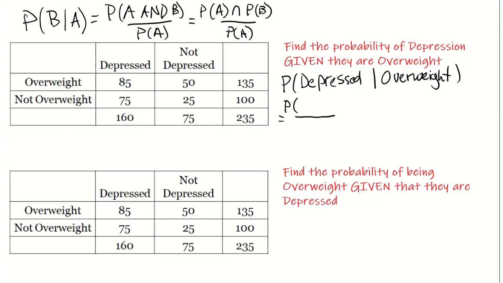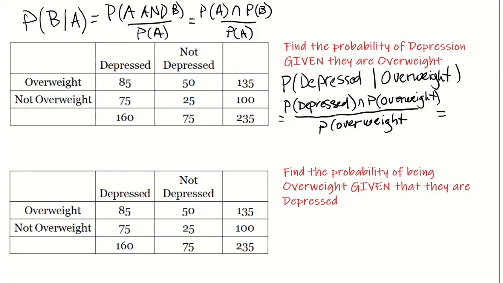So we're looking for the probability of the intersection of depressed and the intersection of overweight divided by the probability of overweight. So we're going to do the denominator first.